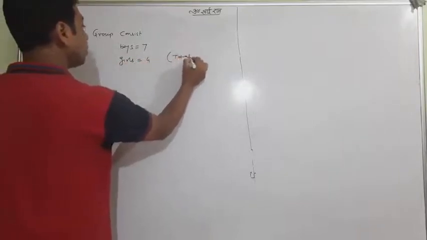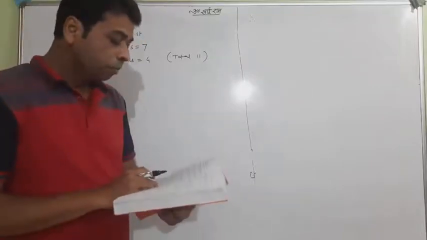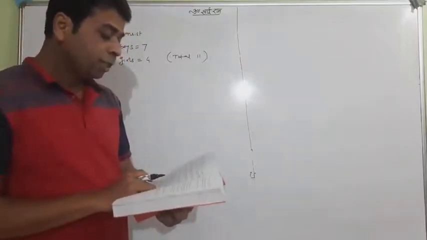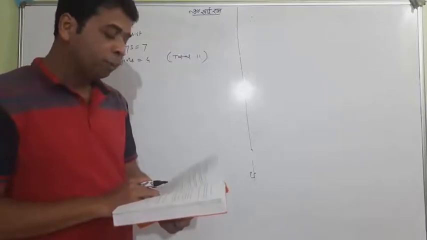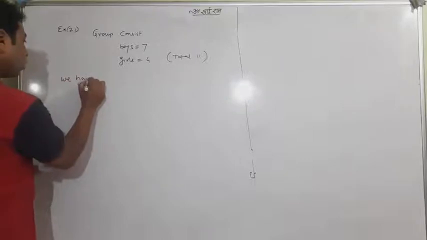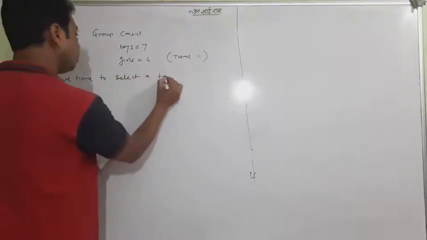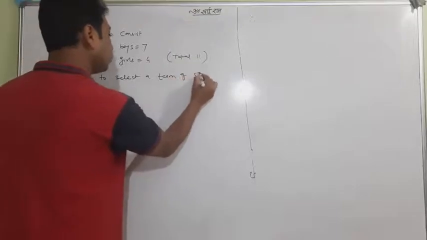Total 11. Written outside. Okay. Now the question says, in how many ways can a team of 5 members be selected? We have to select a team of 5.